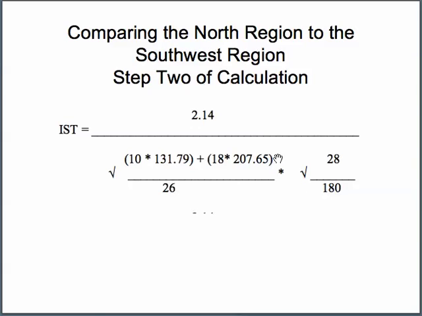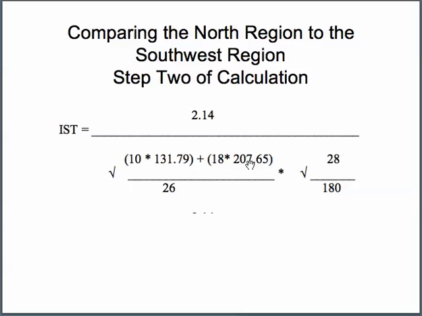Our next step is to subtract the mean values for the numerator, resulting in 2.14. We will round to 2 decimal places with each calculation. We then square the values for the standard deviations. The square of 11.48 is 131.79, and the square of 14.41 is 207.65.